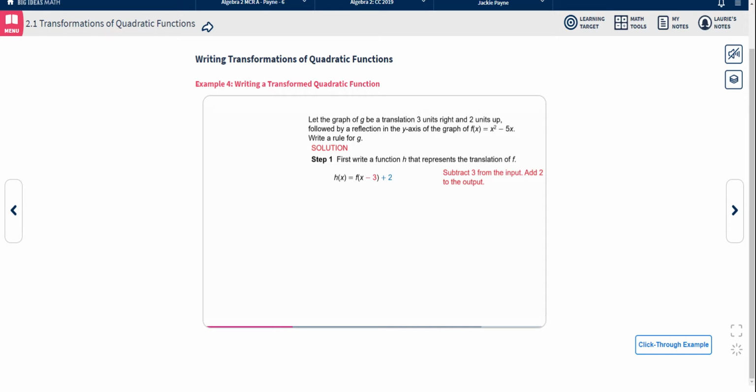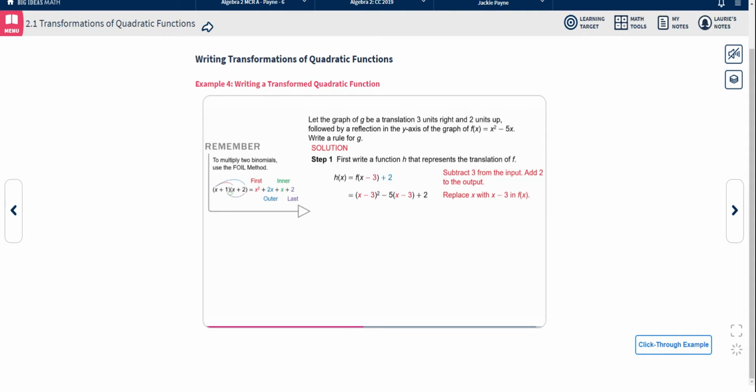Write h of x equals f of the quantity x minus 3, plus 2. Replace x with x minus 3 in f of x to get the quantity x minus 3 squared minus 5 times the quantity x minus 3, plus 2. Remember that in order to multiply two binomials, you can use the FOIL method.